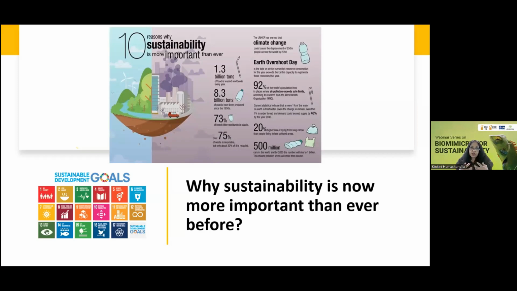Because of our actions every day, we throw things, we waste unnecessary materials, food, and all that. Because of that, we make our home, Earth, a kind of uninhabitable place. As a result, more than 250 million people will be displaced by 2050. That is an estimated figure.